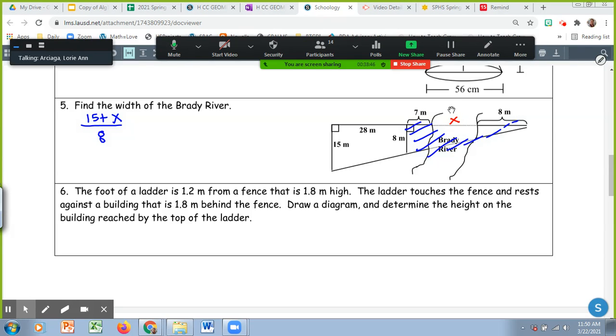So the base is, when you add everything up, 7 plus 8 is 15, plus X. Now the big triangle is this one, so equals, you're going to add the 15 to the 28, so that's going to be 43. The 15 came from here, 8 plus 7, that became 15. You've got to add that down. So that's going to become 43 plus X. And then the height will be 15, right? Because it's the bigger triangle now.